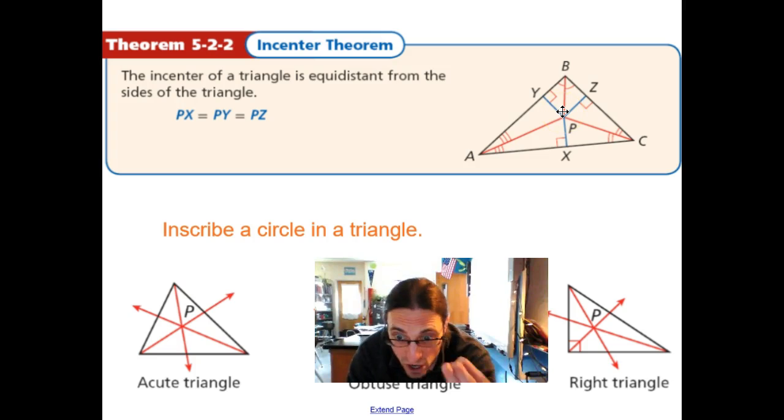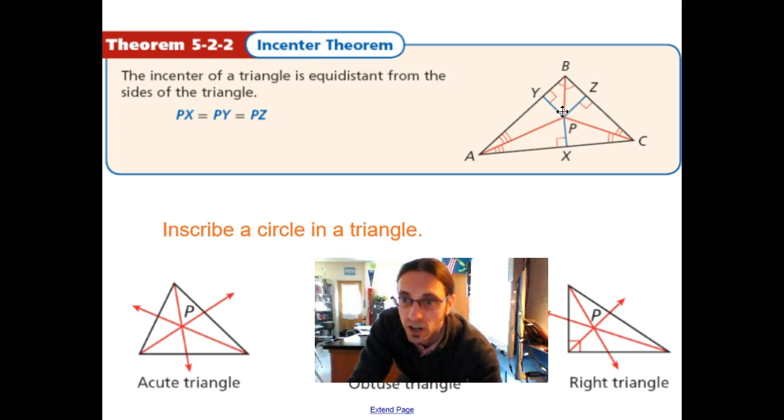The point of concurrency, where they all come together, is right here, point P. Well, what does that create? What that creates is a circle inside that triangle that touches all 3 sides like that. That's where the urban planning thing is. This point P is equidistant to the sides.